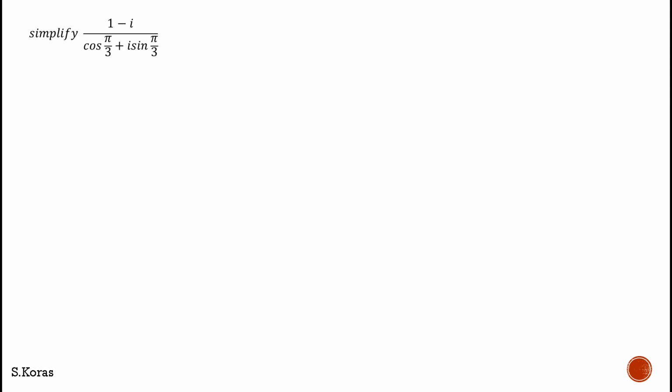Here the problem says simplify (1 minus i) by (cos of pi by 3 plus i into sin of pi by 3). If you see this problem, the numerator is not in the polar form. So first of all, we have to convert that 1 minus i into polar form. That's our first work.